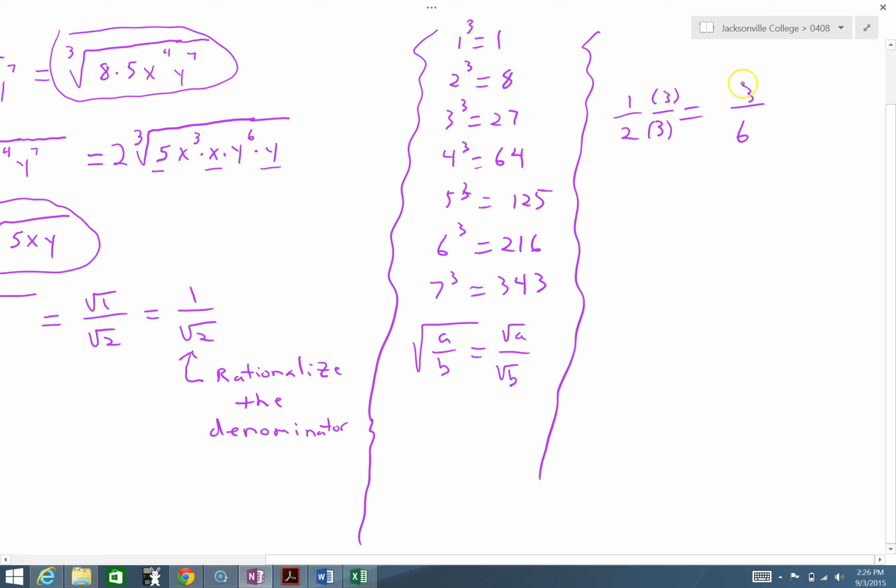Okay, 1 times 3 is 3, 2 times 3 is 6. This multiplying by 3 over 3 didn't change the value because 3 divided by 3 is equal to 1. And anything times 1 is that anything. So we went from 1/2 to 3/6. We simply changed the way the fraction looked. We didn't change the value because we multiplied by 1.